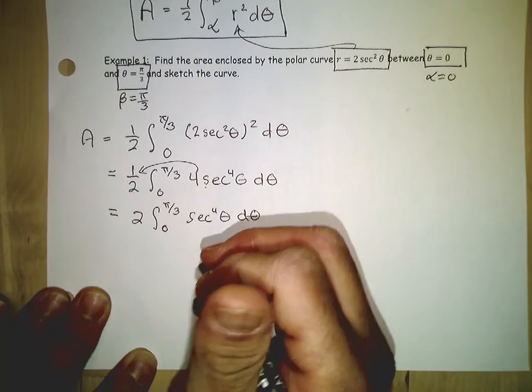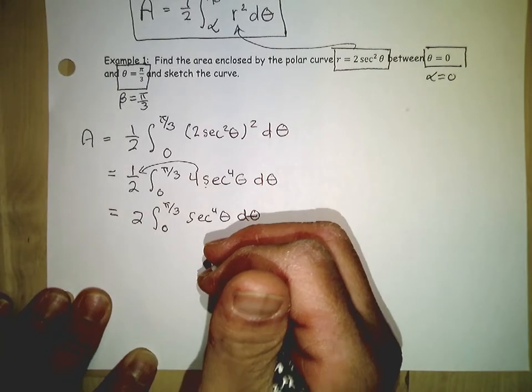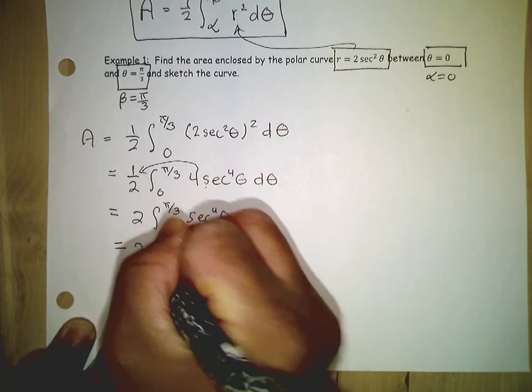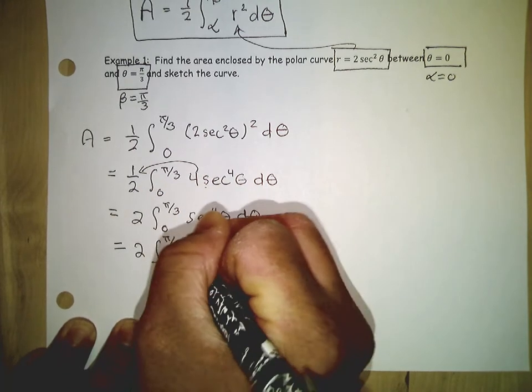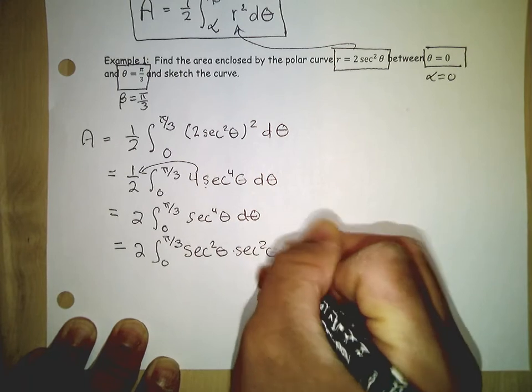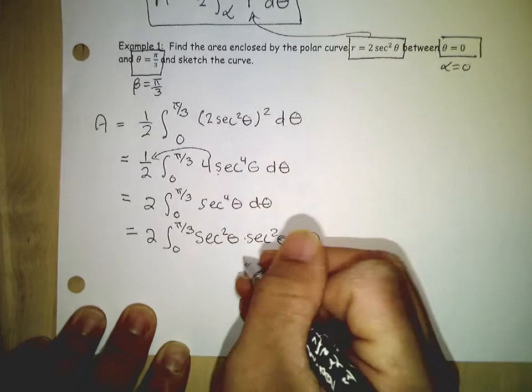Now this is a simple integral using the powers of the secant here. So we have 2 integral from 0 to pi over 3 secant squared theta times secant squared theta d theta.